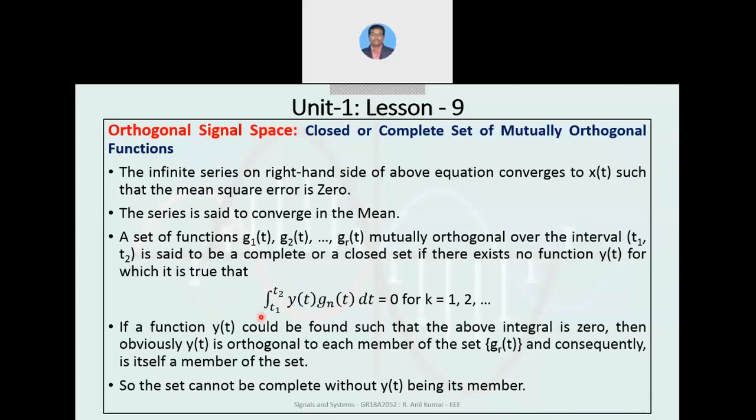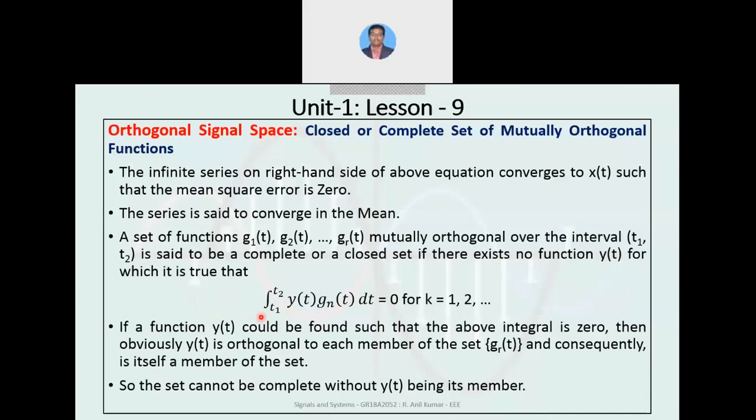As we already discussed, for a mutually perpendicular condition the vectors v1 and v2 have a dot product equal to 0. Similarly, those are said to be orthogonal. And here also, if the integral condition is 0, then obviously y of t is orthogonal to each member of the set gr of t, and consequently is itself a member of the set.